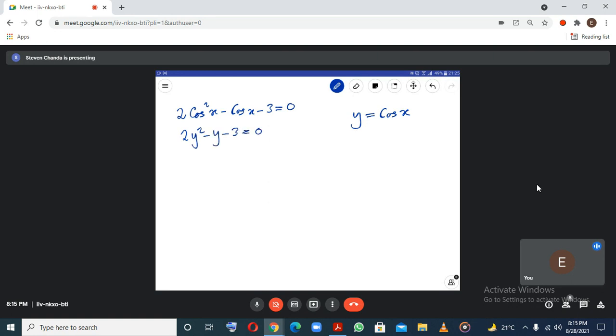So the product is going to be negative 6. Then your sum is negative 1. So which two numbers can do this? It's negative 3 and positive 2, right? When you multiply them, they give you negative 6. When you add them, they give you negative 1.